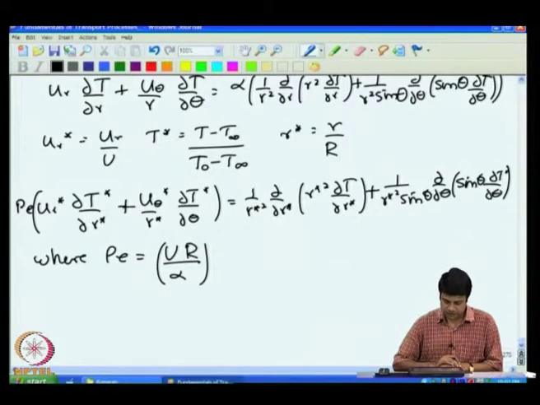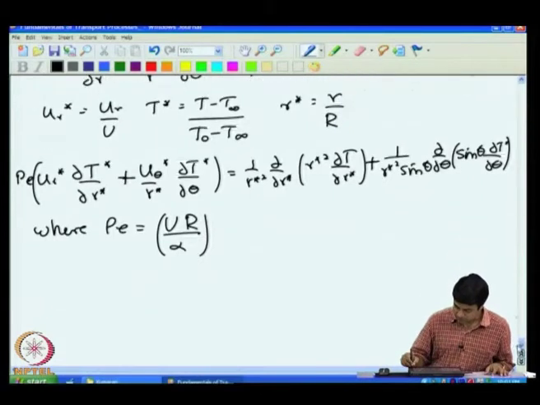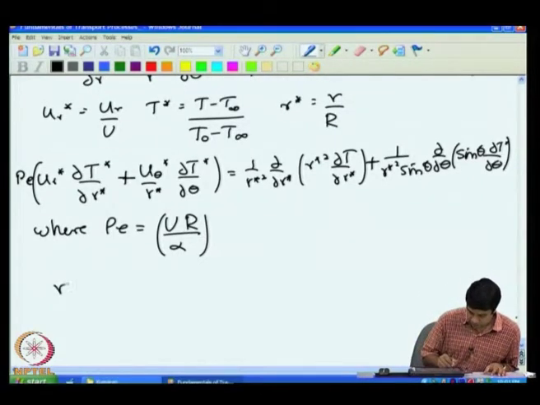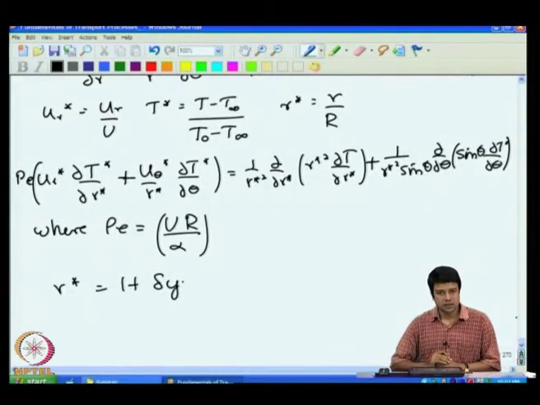Okay. So, I will postulate a boundary layer, r star is equal to 1 plus delta y. r star is equal to 1 is the surface, r is equal to capital R. Therefore, I am focusing on a region close to the surface, 1 plus delta y.